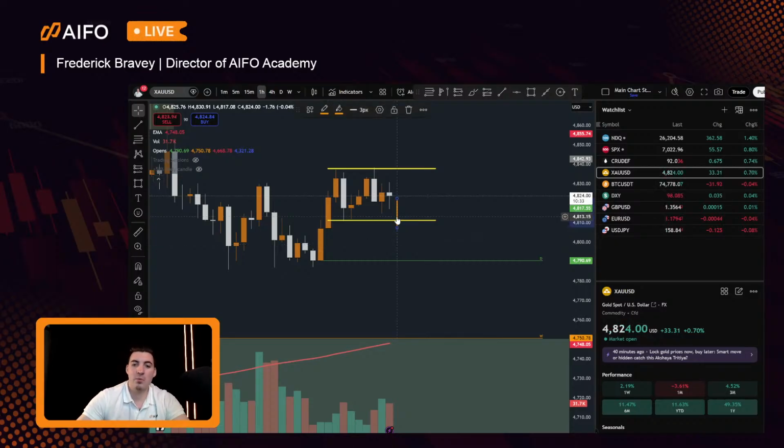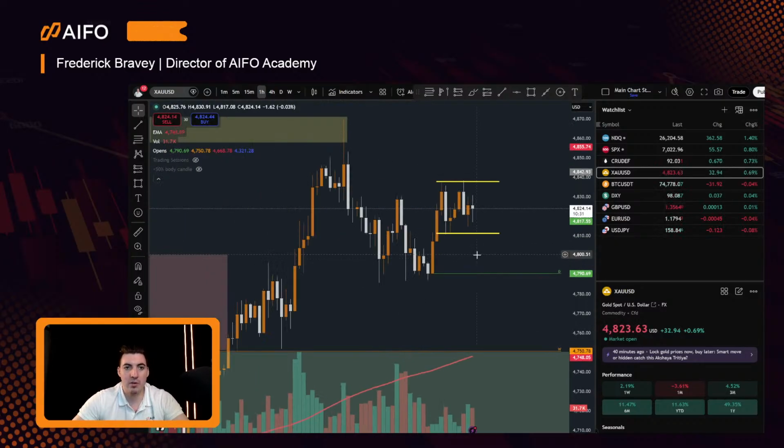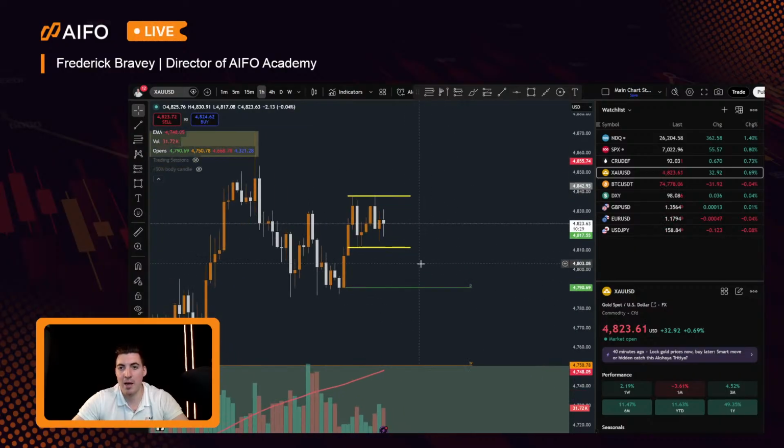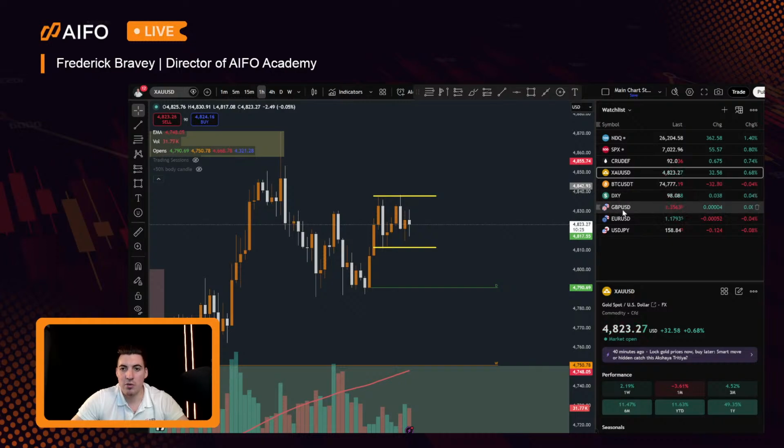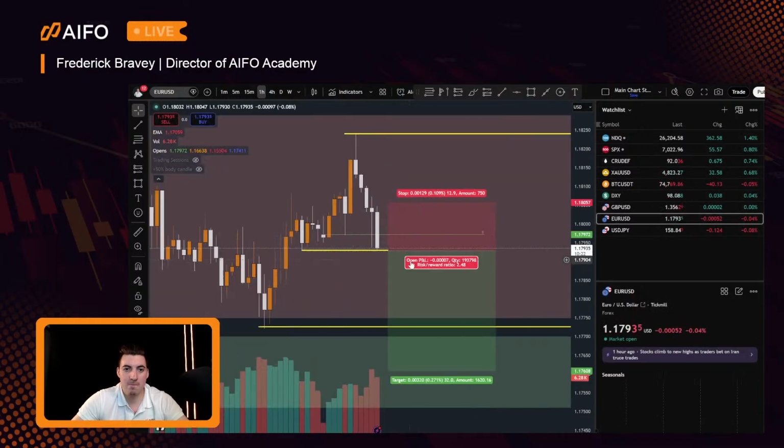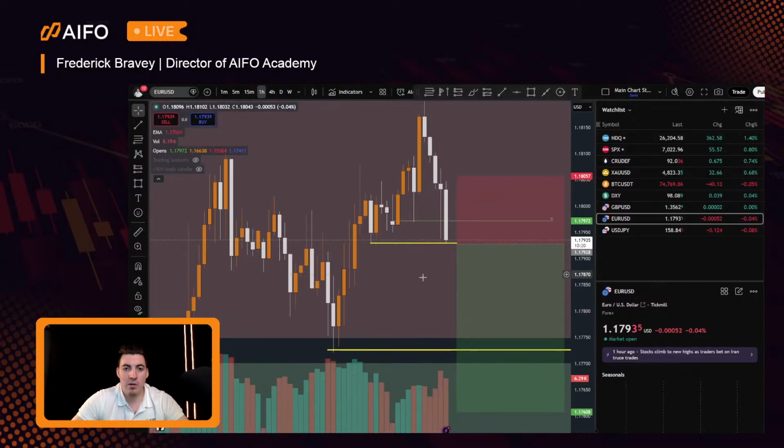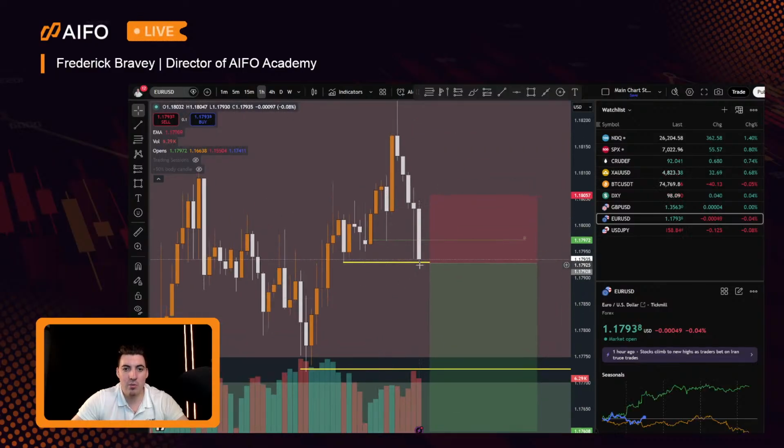Regardless, I am still short-term bearish on gold. I don't think it's going to go up higher without a pullback. So, short-term bearish on gold. Euro US dollar, how are we doing? Yeah, again, we are now entering that area where we want to see a nice full body break, not a wick break.